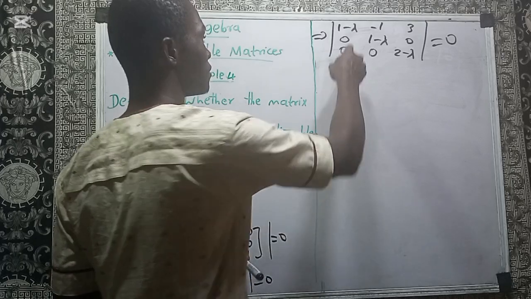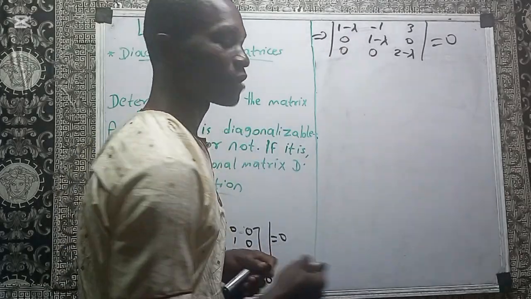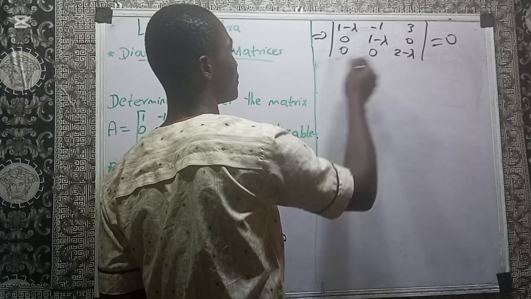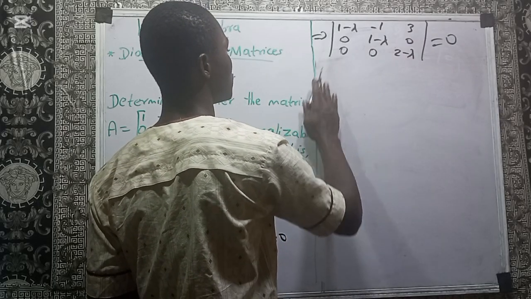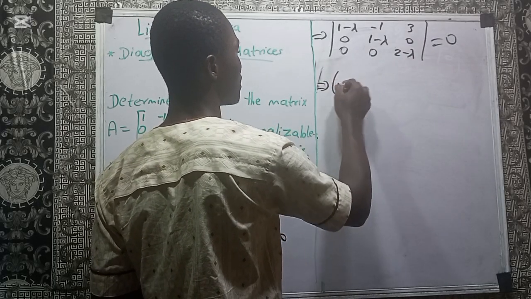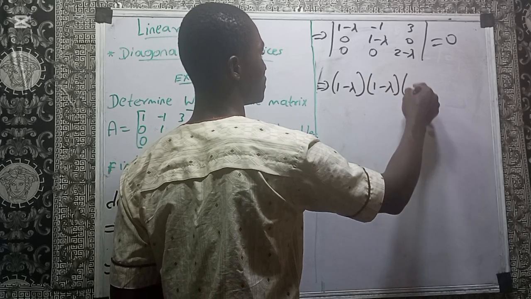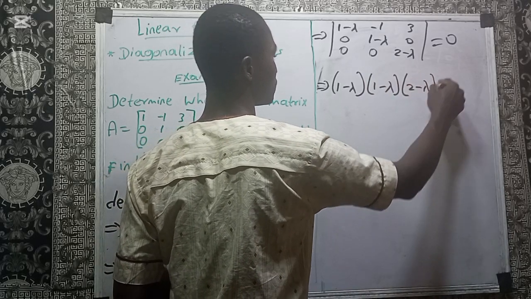Zeros. So we have 0, 0, 0. This is an upper triangular matrix. So to find the determinant of it, you multiply the entries of the principal diagonal. So this simply implies 1 minus lambda, 1 minus lambda, 2 minus lambda equals 0.